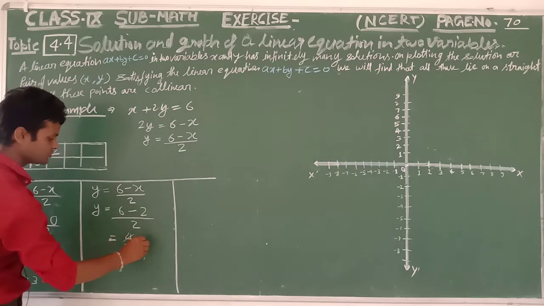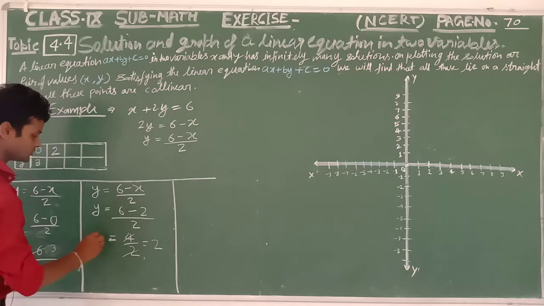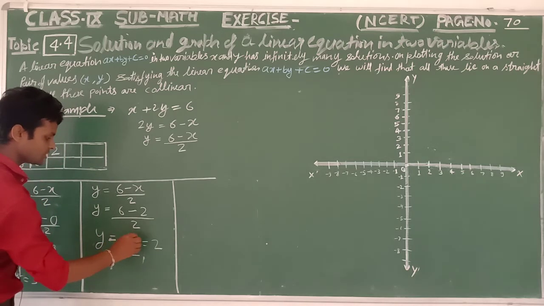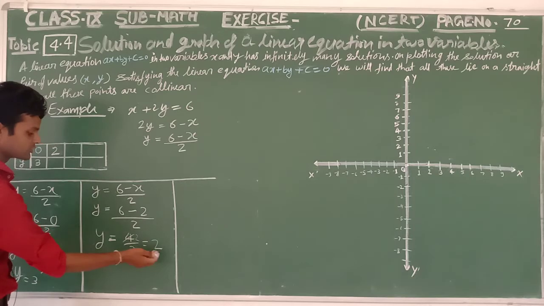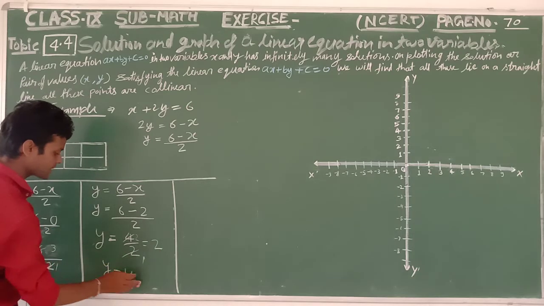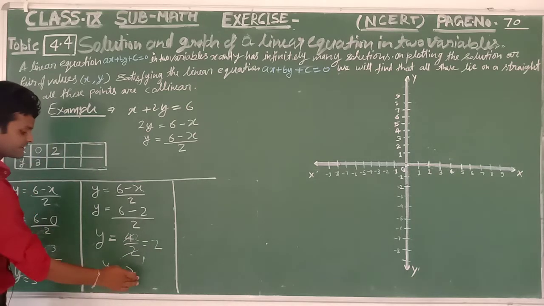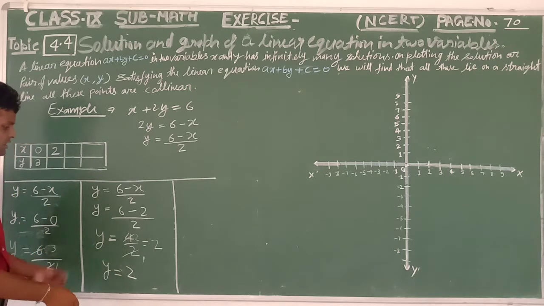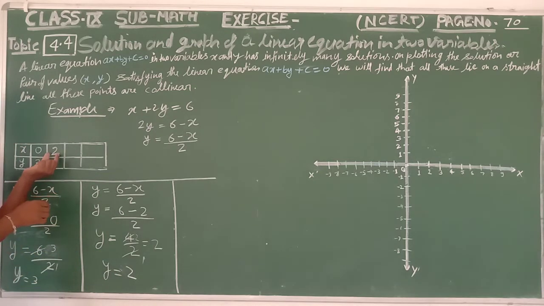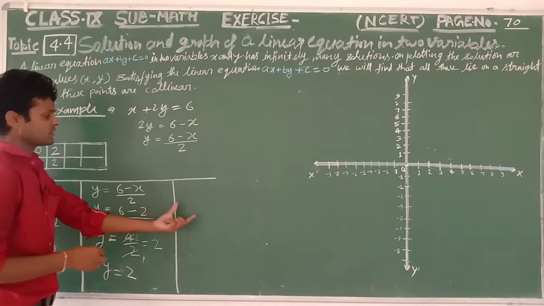Divide by 2: 2 ones are 2, 2 twos are 4, so you find 2. This is the value of y, 2. So if you think of a value of x and put it in the equation in place of x, you automatically find the value of y.